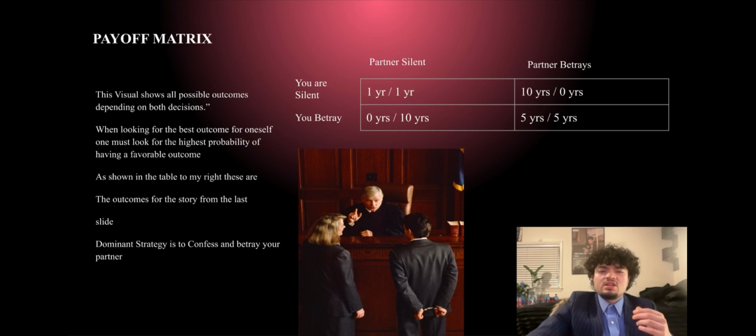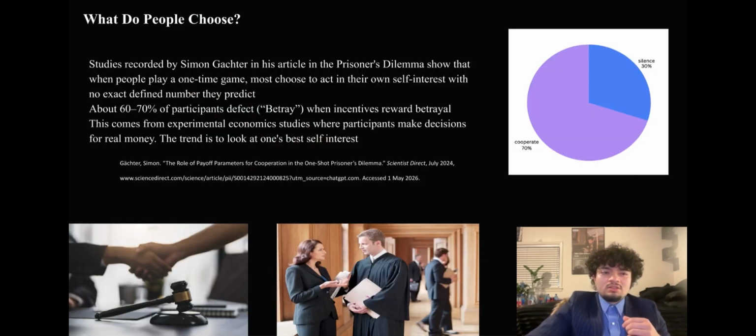Well, you might ask yourself, if that's the case, then wouldn't everybody just choose to betray instead of being silent and not cooperating? I have something for that. What do people choose? Studies recorded by Simon Goucher in the article Prisoner's Dilemma show that people who played a game most choose their own self-interest at a 70% clip.